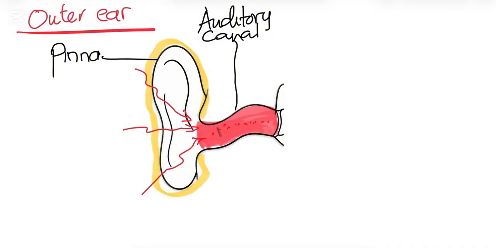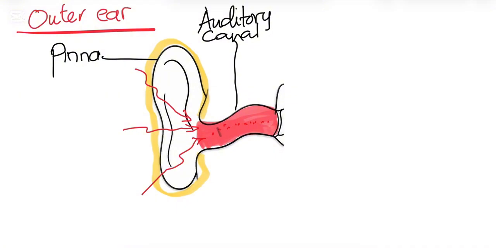Right, so that brown substance, we refer to it as earwax or cerumen. Right, it is produced inside this auditory canal. The cerumen also plays a very important part in protecting the ear.